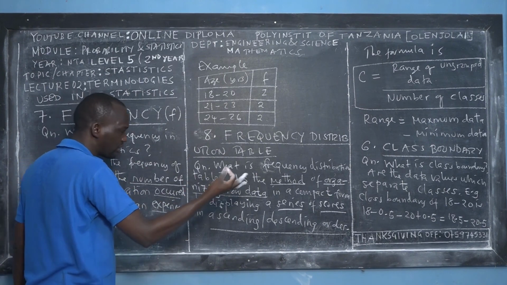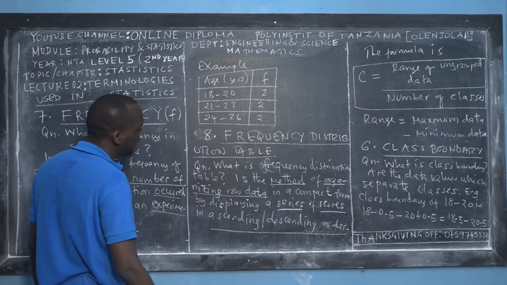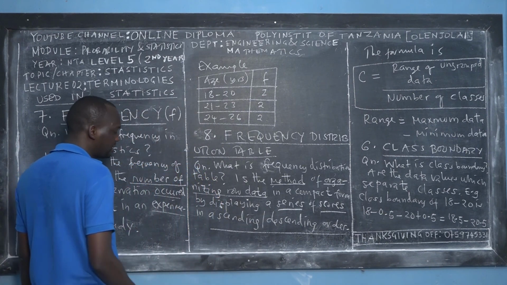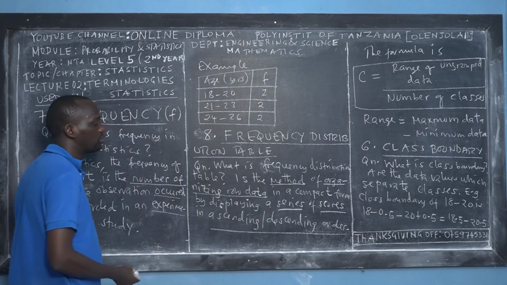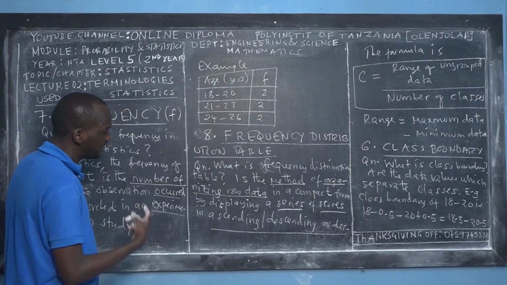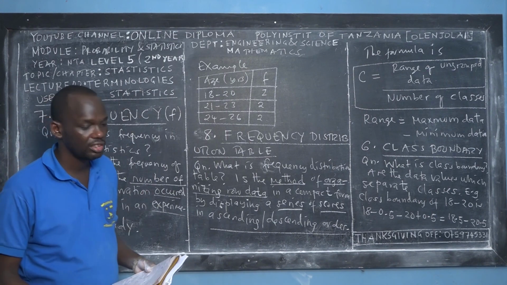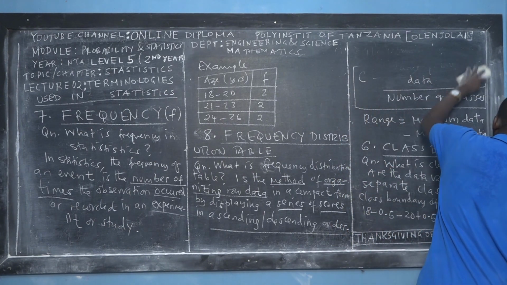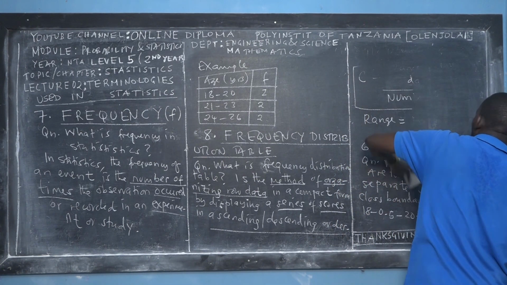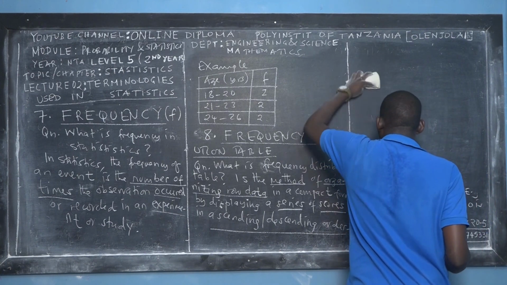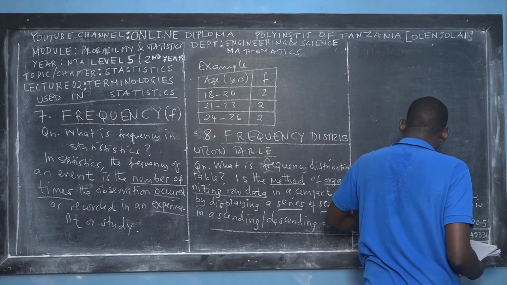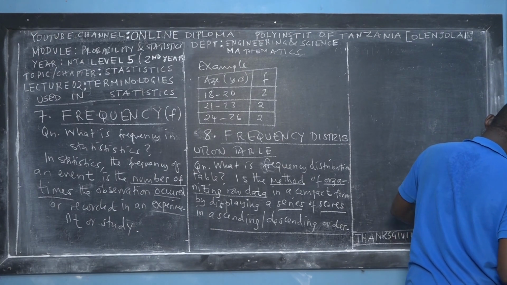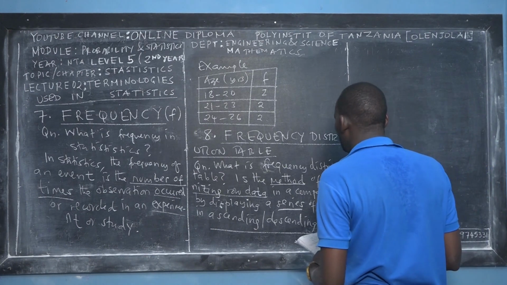You organize the raw data and group data in a compactive form, displaying a series of scores or observations recorded in ascending or descending order. We'll be forming or given many frequency distributions in this module, and we have to answer the questions by using these concepts of frequency distribution table.